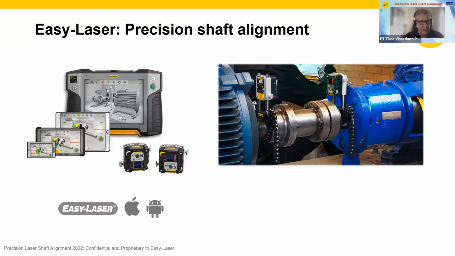Anybody can download it from the App Store. It's called XT Alignment App from Easy Laser. It's completely free. Download it, install it on your iOS or Android-based instrument, and then you have everything you need from the software side.